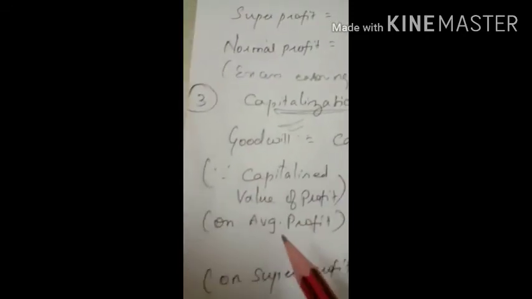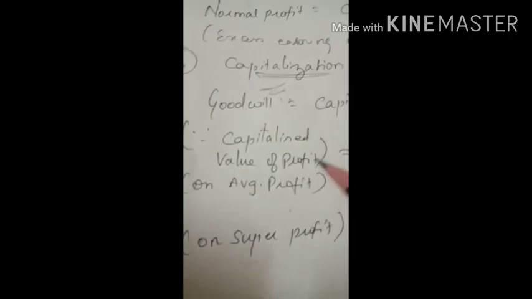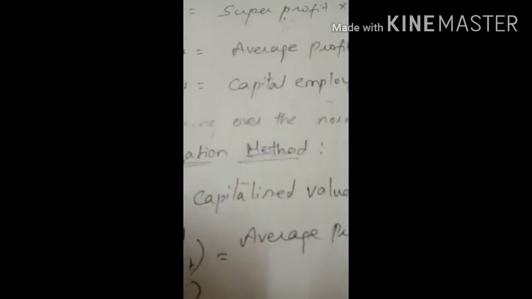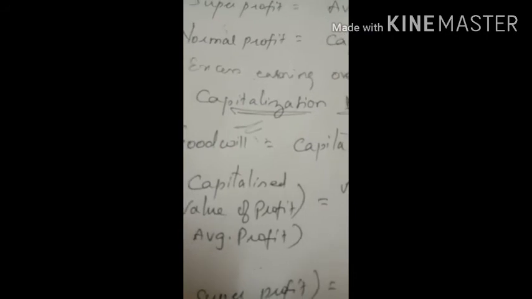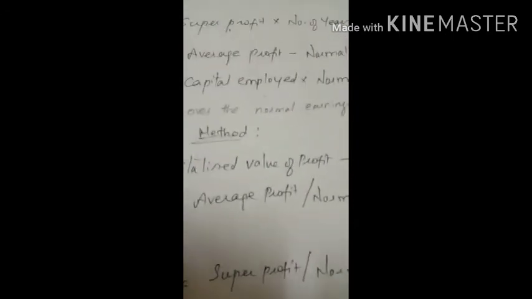It will be based on average profit or on super profit. The capitalized value on average profit is average profit divided by normal rate of return. This is the formula.